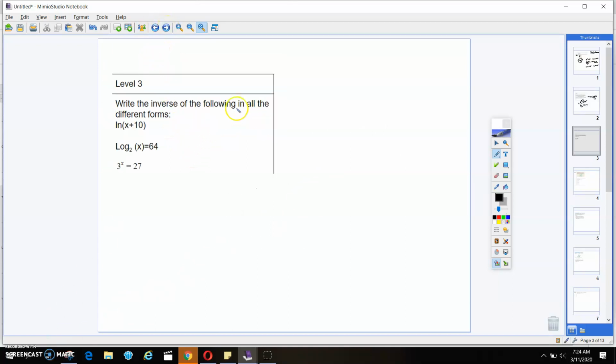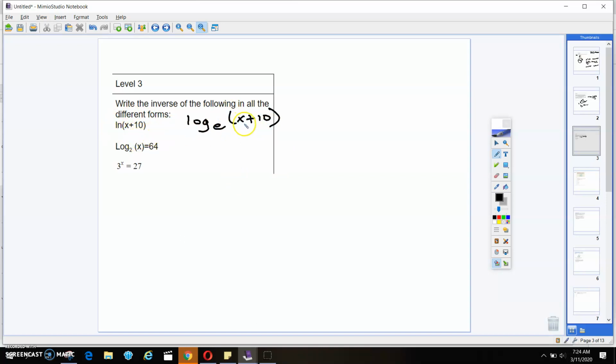Level 3, write the inverse of the following in all different forms. Okay, so inverse will be from log to exponential and from exponential to log. So for this first one, this is really like saying log of base e of x plus 10. Okay, that's what that ln actually represents.